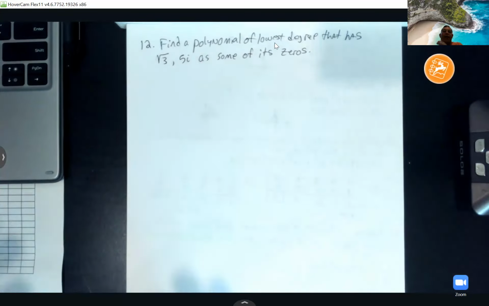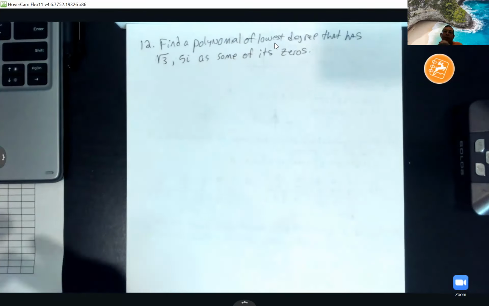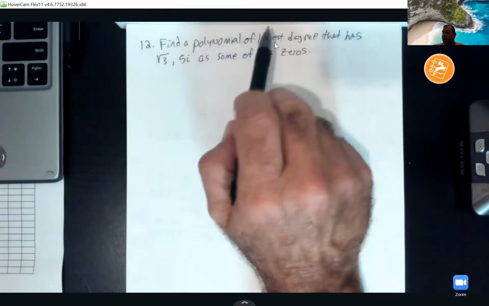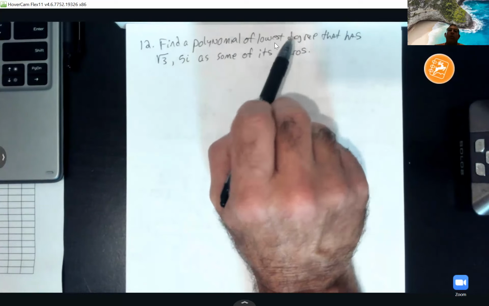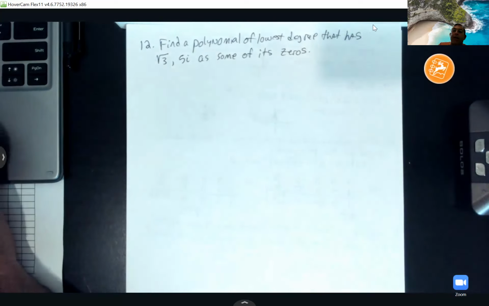So this is where we had to come in and foil until we came up with a polynomial. They're not telling me what the degree is going to equal because they don't want to give away the problem.